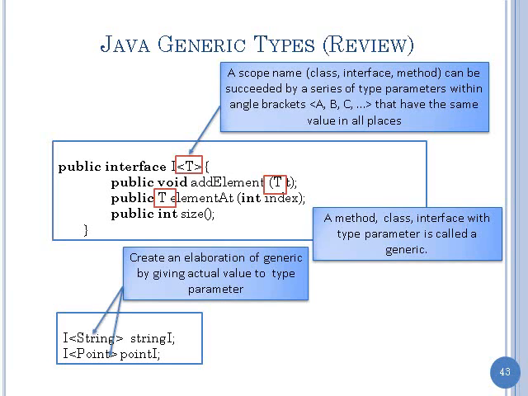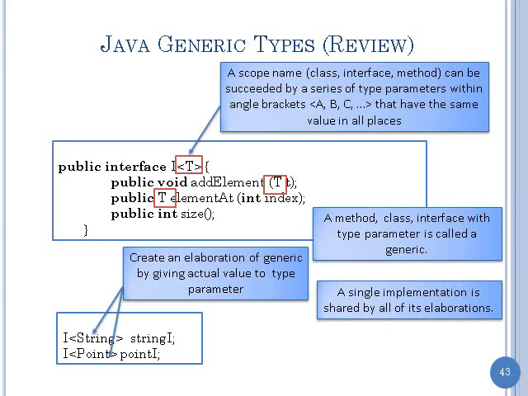When you use the parameterized scope, and that scope happens to be a type, then you're elaborating that type. So I've said string I is of type I string, point I is of type I point. Now you're assigning essentially to the type parameter a type value. But again, at compile time, this is not runtime.